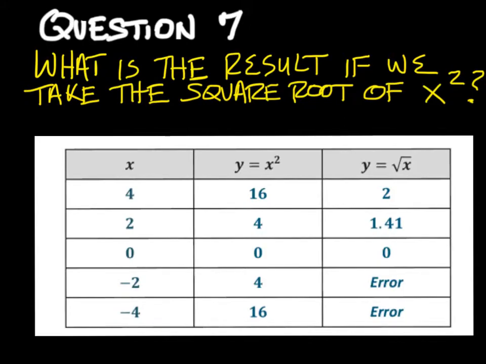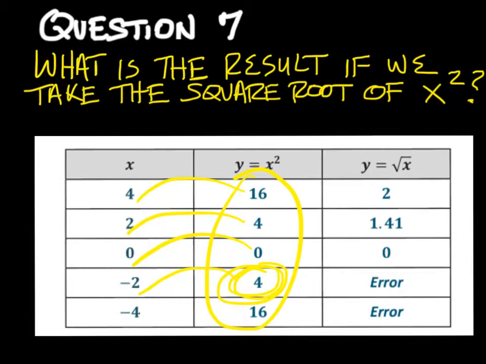What is the result if we take the square root of x squared? If I find the square root of x squared, I'll end up back here with these, but for this one, I'll end up back at -2, because it's shown to us that's what was given, that we had to square to go this way.